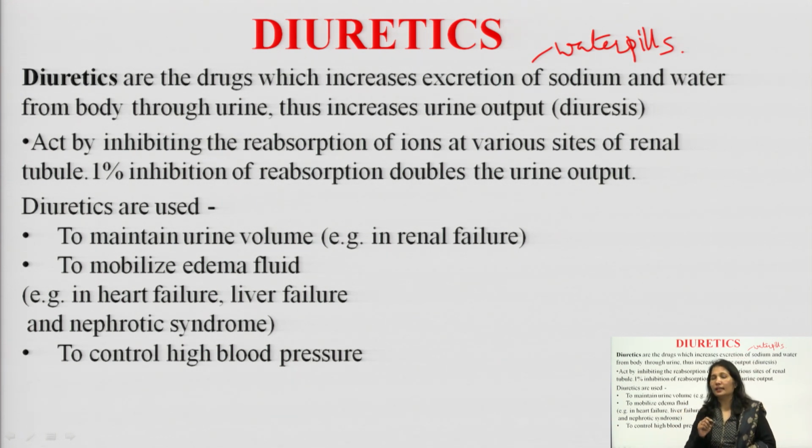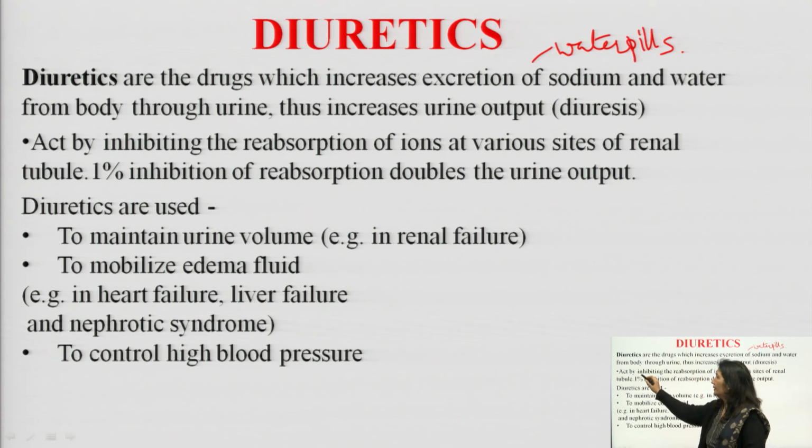And how do they produce diuretic action? By inhibiting the reabsorption of ions. As we have seen, there is reabsorption of different ions at different sites. So diuretics will inhibit the reabsorption, and inhibition of reabsorption will result in excretion of that ion in the urine.